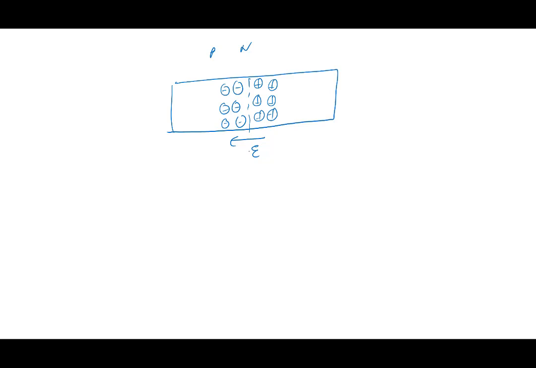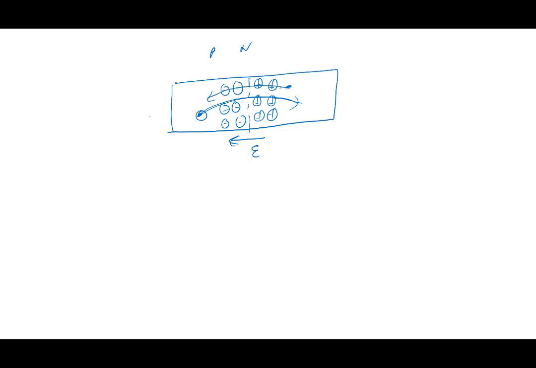A field develops. If there was an electron which was thinking of diffusing to the other side, the field says no. The field tends to stop it. If there was a hole here which was thinking of going there, the field stops it. If there was an electron here which was thinking of going there, the field again tends to stop it.